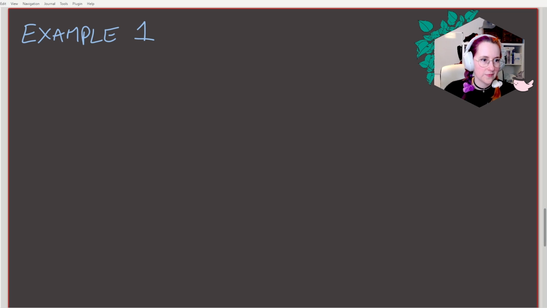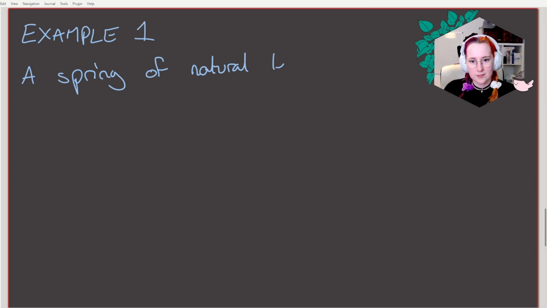Example 1. So we have a spring of natural length 50 centimeters, fixed at one end.